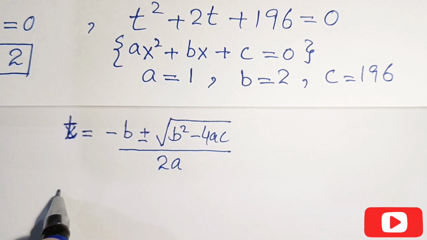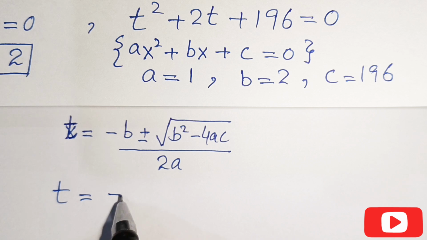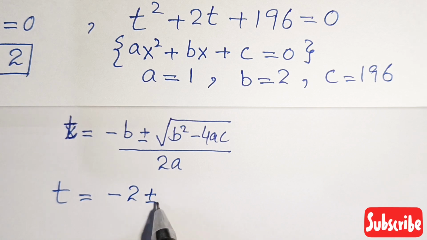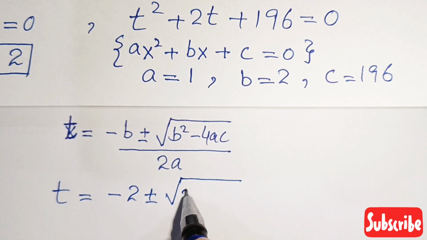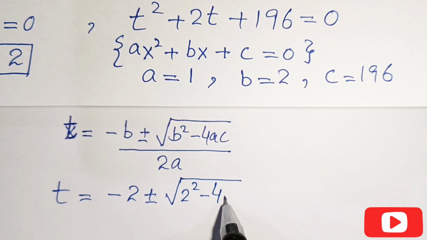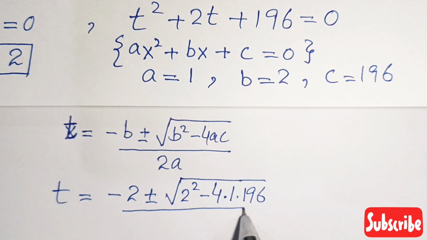Now putting the values, we get t is equal to minus value of b is 2 plus minus square root of 2 squared minus 4 times a is 1, c is 196 all over 2 times a is 1.